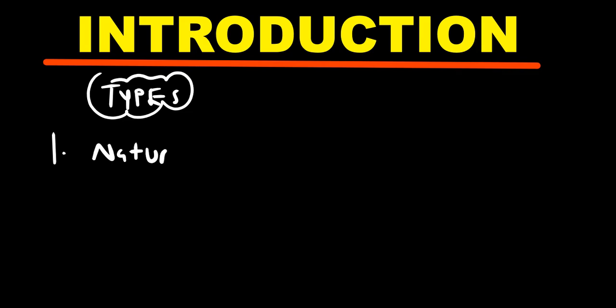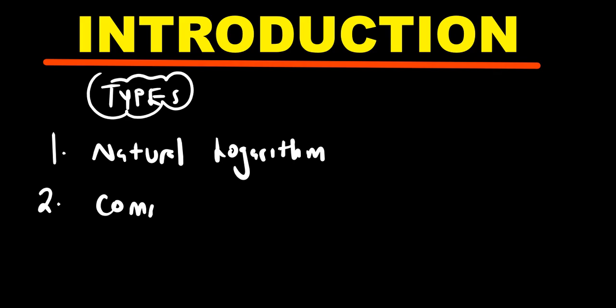Now, it's very important to talk about also the types of logarithmic functions. Okay, so I'll mention two. The first one that you have to know is what we call a natural logarithm, and the second one is called common logarithm.